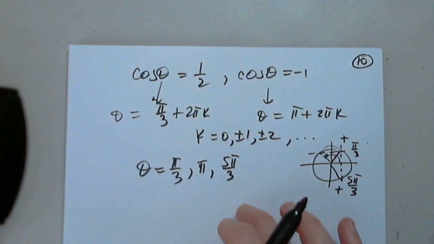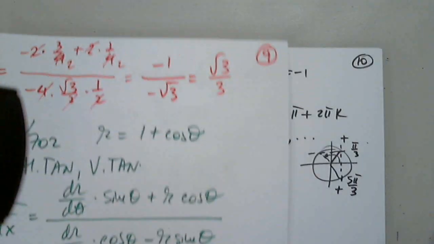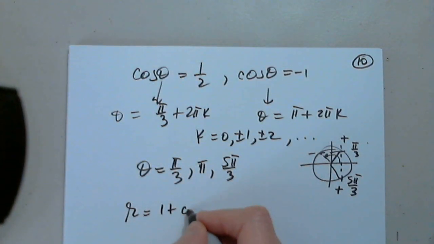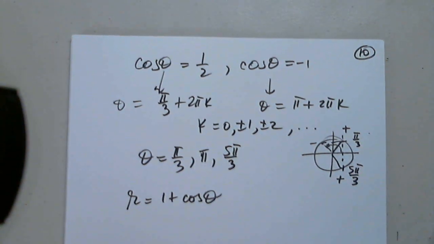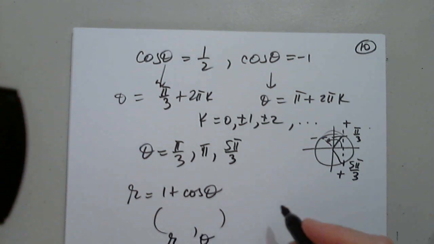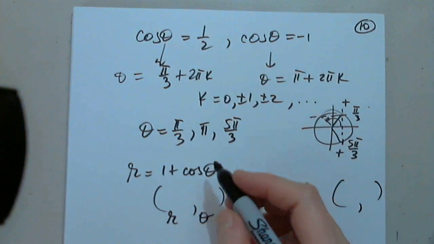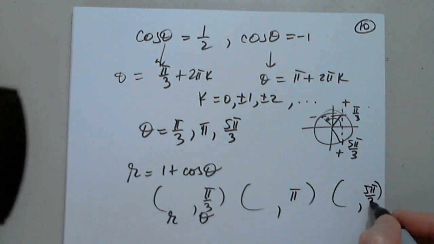So now let's determine the points. Remember, our curve is r equals 1 plus cosine theta, because the question is asking us to find the points. So the points will be r comma theta, three points, with theta equal to pi over 3, pi, and 5 pi over 3.